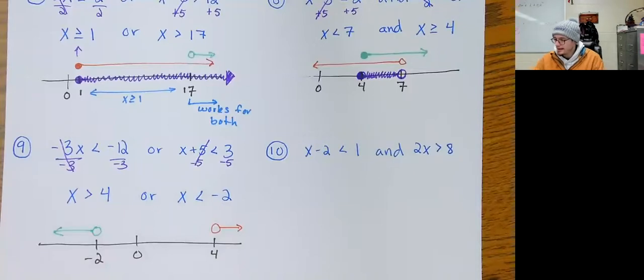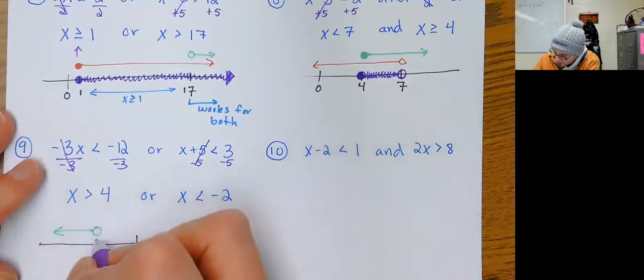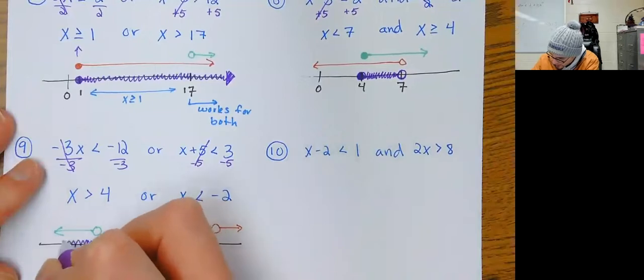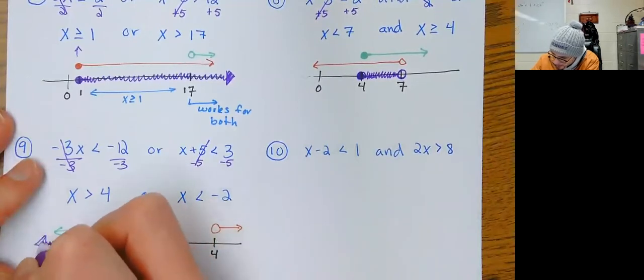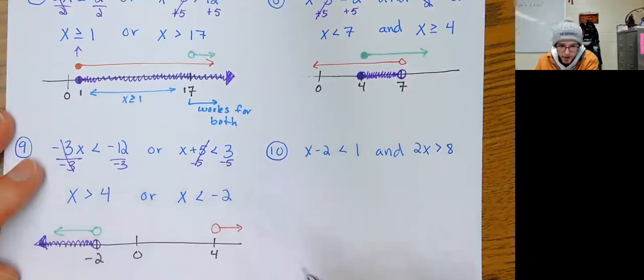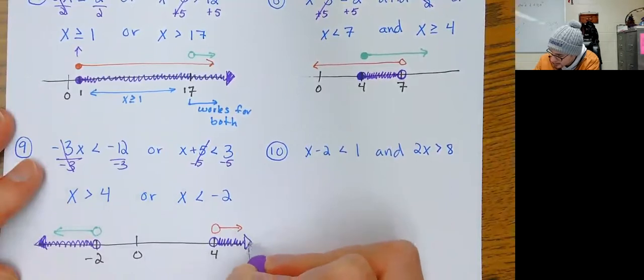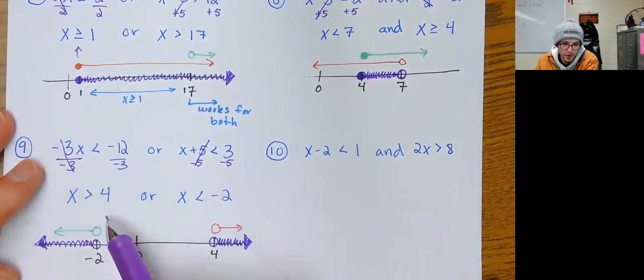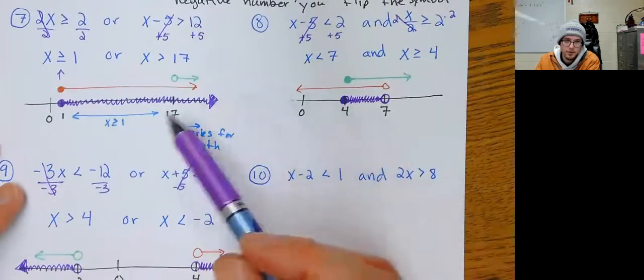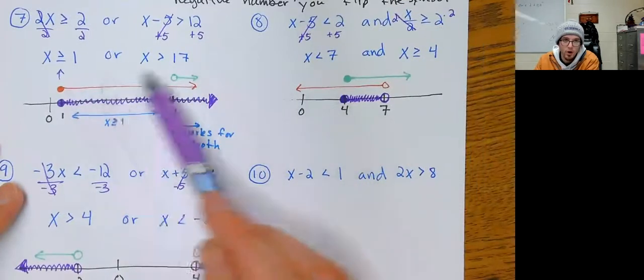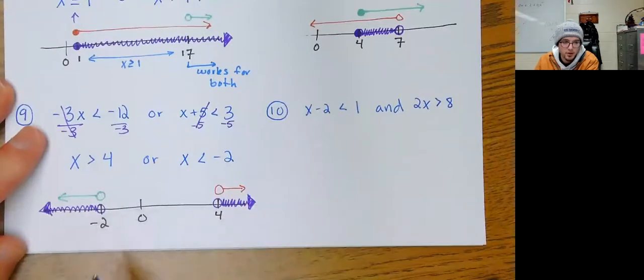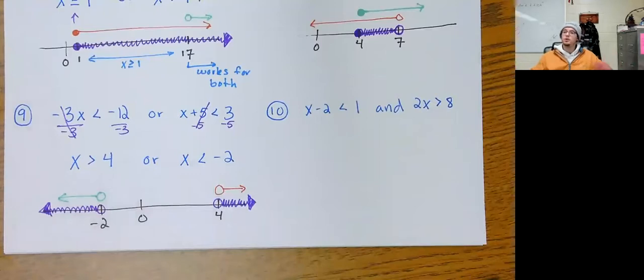So that is actually exactly what I would graph, because over here, all of these values at least work for this one, and then here, all of these values at least work for that one. Now, unlike here, we don't have an area where it works for both, but it's totally fine. Over here, it works for this one; over here, it works for that one. Totally fine, because when it says or, it only needs to work for at least one.